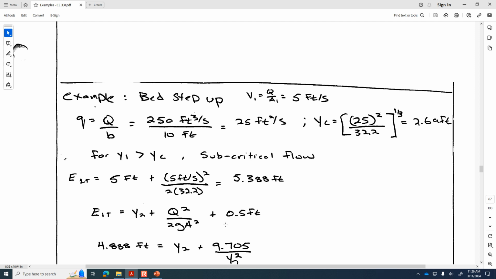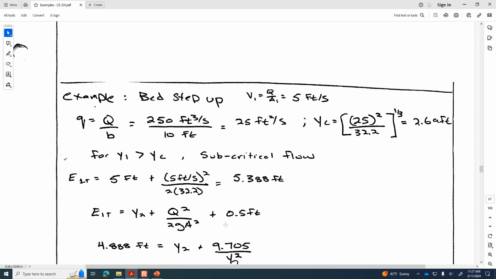Let me write this on the board, because whether we have the delta z on the left-hand side or the right-hand side of the equation changes whether we say plus delta z or minus delta z. So E1 minus delta z equals E2.